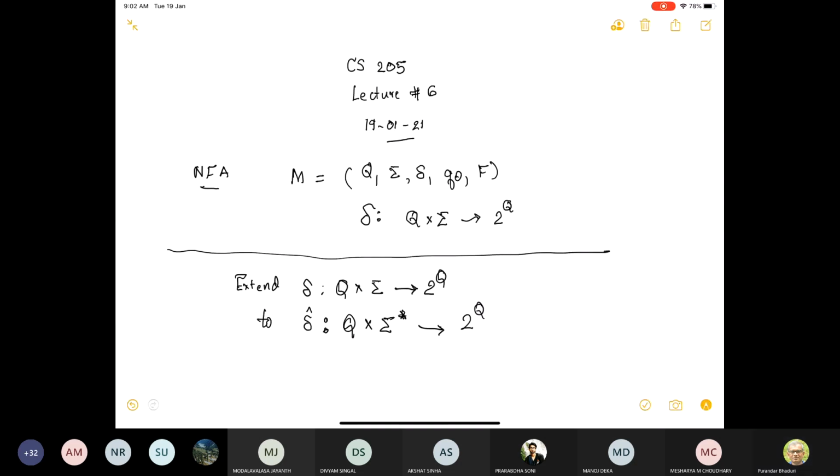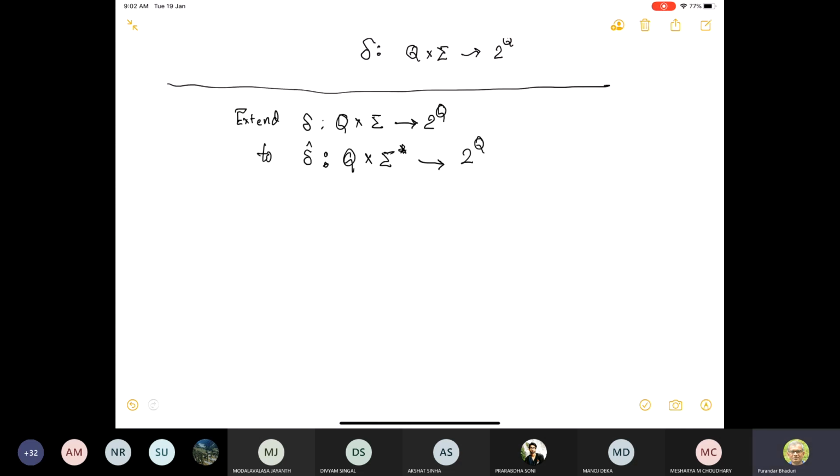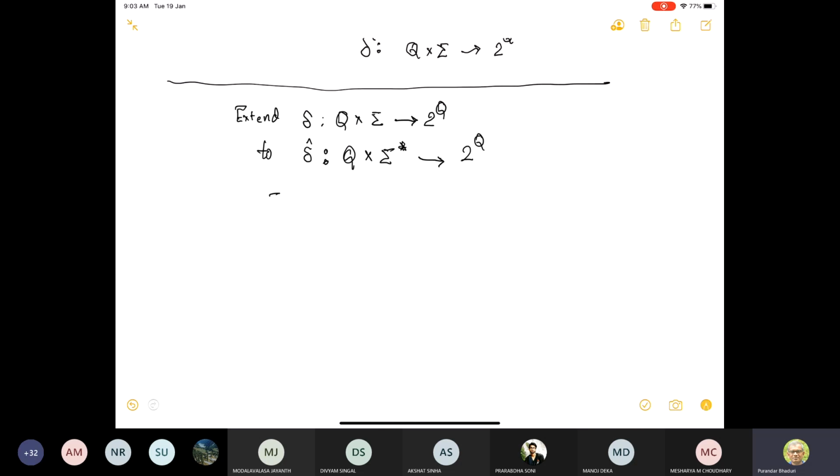This is along the same lines as deterministic automata, but we have to be careful now because given a state and a symbol, there's a set of next states. So this is the inductive definition.